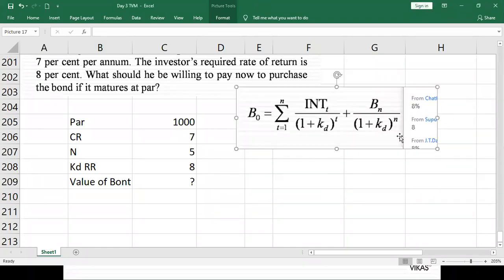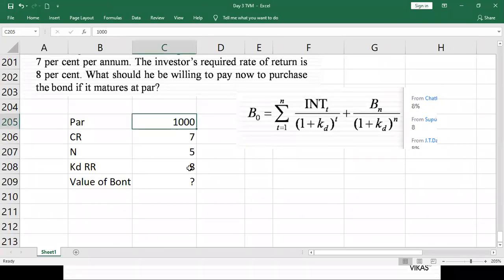To find out the value of the bond today, we have to take the interest per period. If at the end of each year, how much interest will you receive if you purchase this bond today?